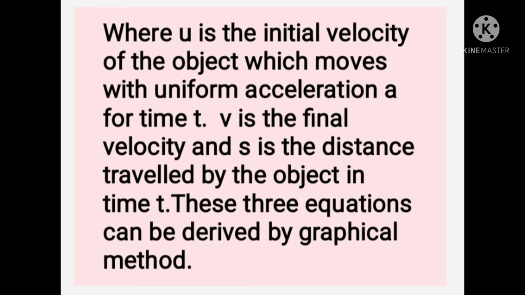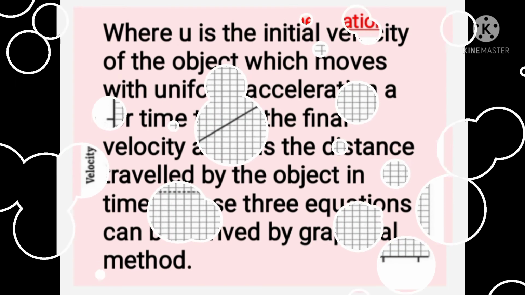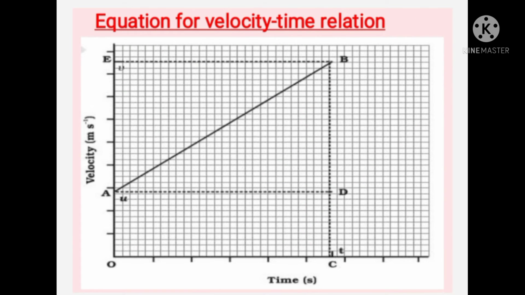So, equation 1 describes the velocity time relation, the second represents the position time relation, and the third equation represents the relation between the position and the velocity. Next, we are going to derive the equations of motion from the velocity time graph. The first equation is the velocity time relation.